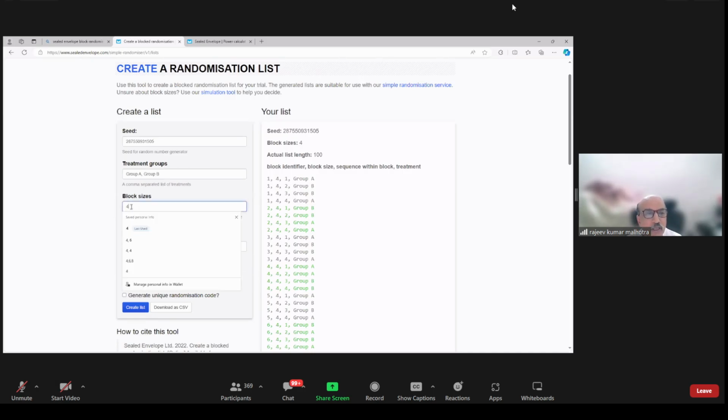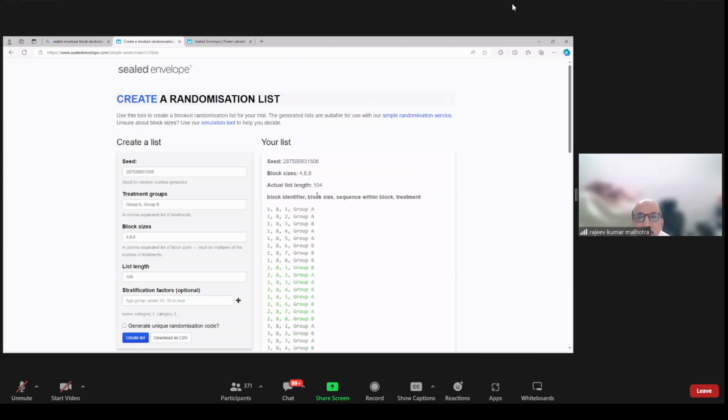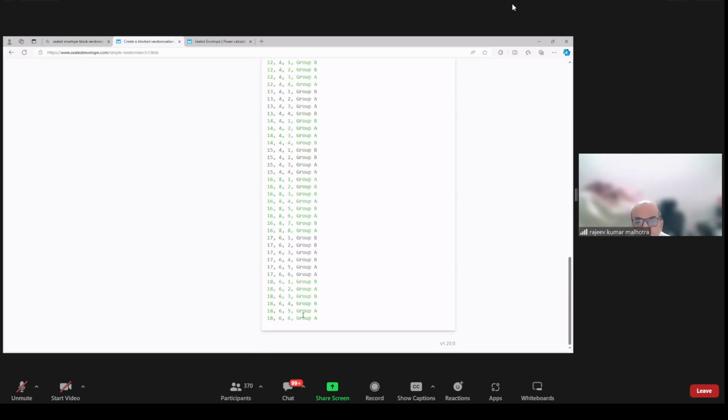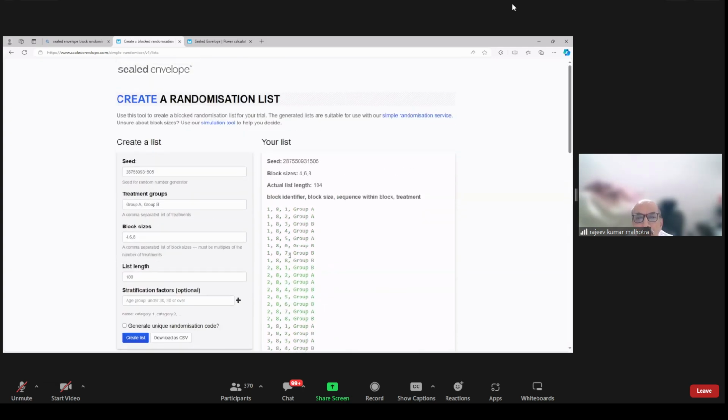Now you can also assign variable block sizes of 6 and 8. Suppose I am using 6 and 8 and the length is 100. Then I go for creating it. This is not exactly 100, but it is more than 100, so you can exclude the last 4 cases to get 100.